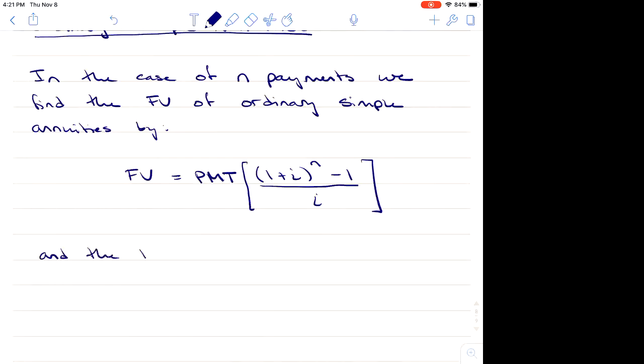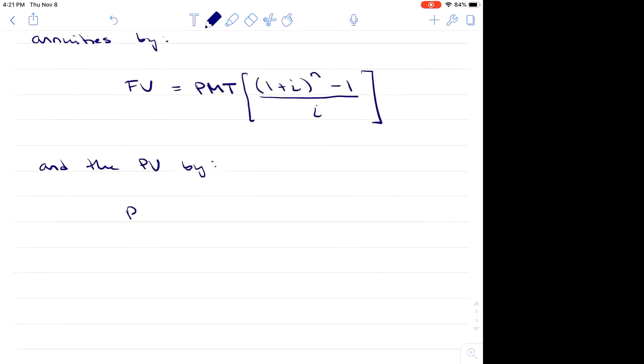And the present value by the present value formula. Present value is the PMT. You'll notice it looks similar, but it's very different: PMT times (1 minus 1 plus i to the negative n) all over i.